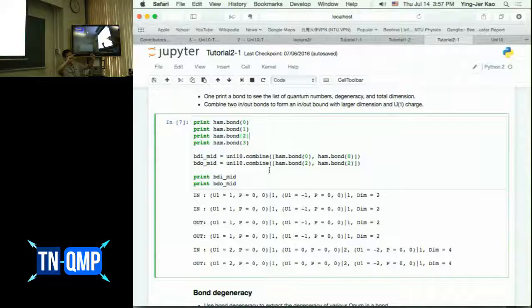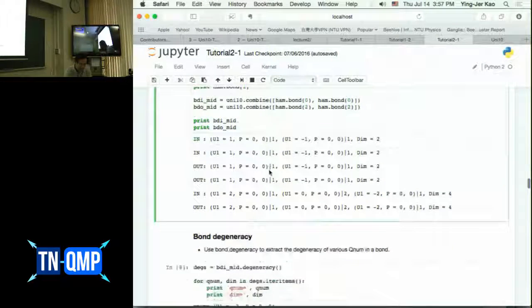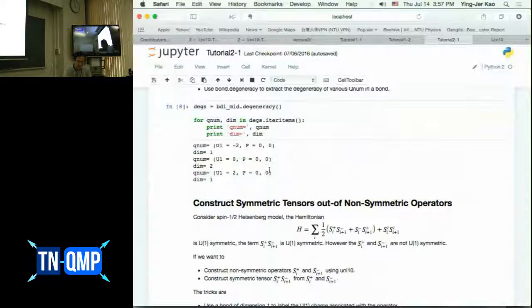You can combine bonds, do SVD, and then separate them. The library will keep track of the memory location, so you don't have to worry about where to put your elements.